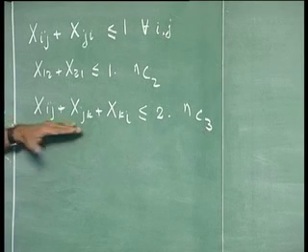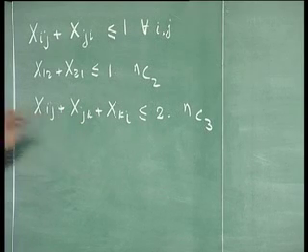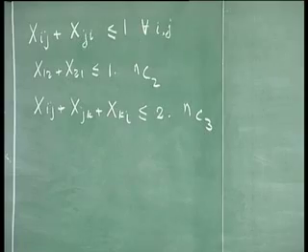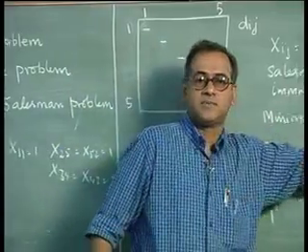Now let us go back and look at this constraint again. Now I have a TSP with 5 cities. Let us assume I have a subtour of length 3. The remaining 2 cities which are not included in my subtour can either form a 2 city subtour or 2 one-city subtours. It cannot form anything else. Therefore, if I eliminate all 1 city subtours and 2 city subtours, I am automatically eliminating all 3 city subtours.